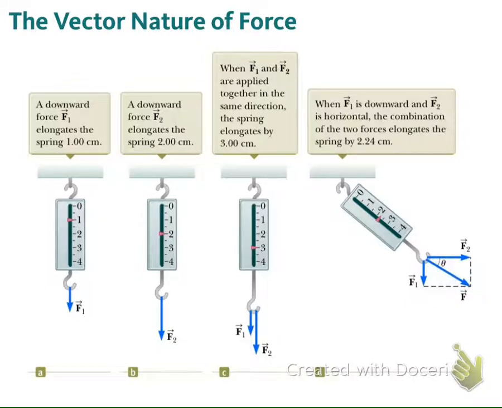Please note that this is an experimental fact. It is not a mathematical fact, but an experimental fact that we know from experiment that the force is a vector. So this is very important. We have to treat the force as a vector. It means that we have to take care of both the magnitude and the direction of the force.